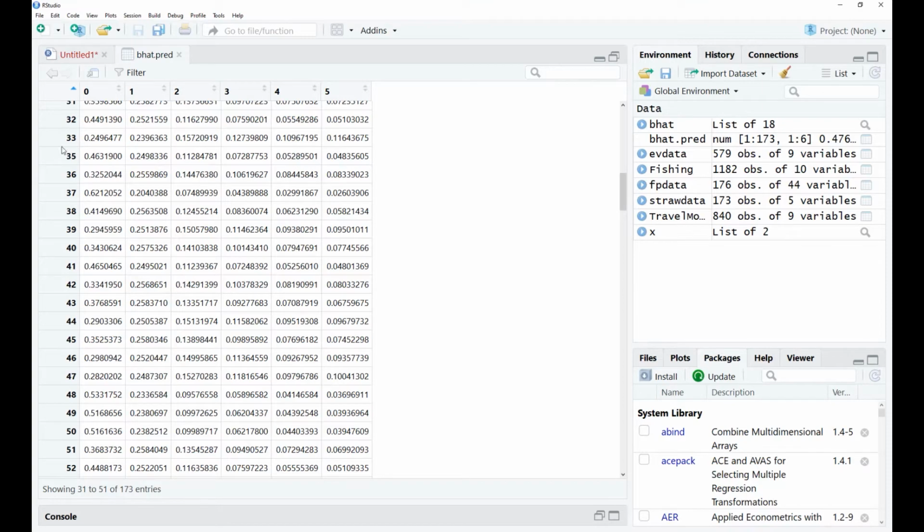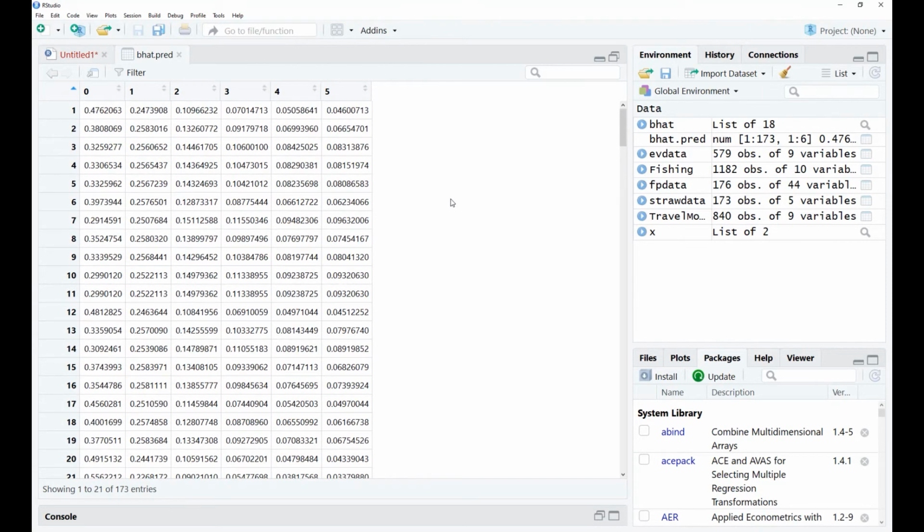Note that, for example, 34 here is missing. So what this means is that based on the independent variables, the model predicts that there's a 47.6% chance that the person is in the 0 category.